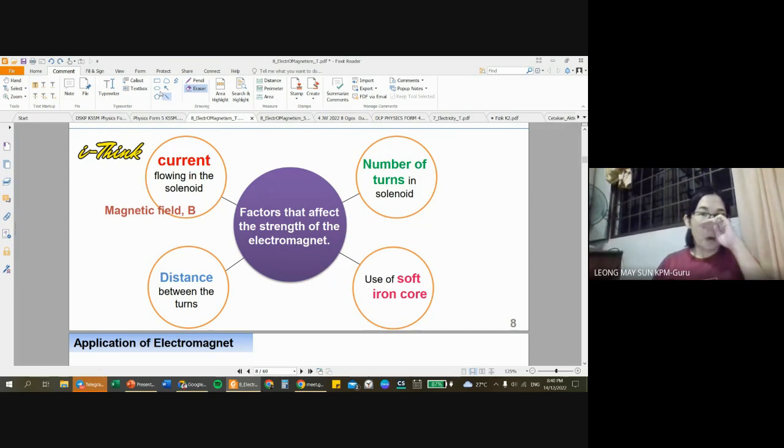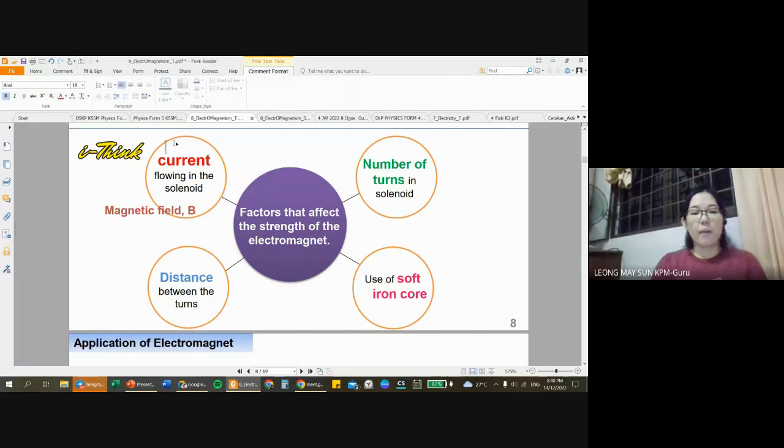Okay, so over here it is best not to mention a stronger potential difference. You should mention the words more current provided or higher current provided, because in terms of concept, the electromagnet is determined by the current.